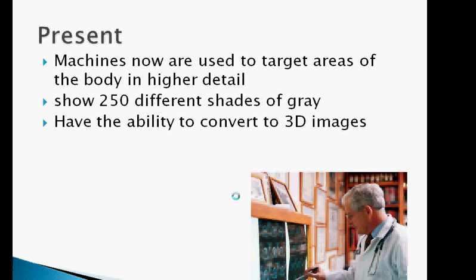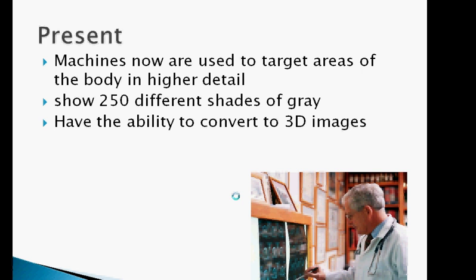And now, presently, the MRI machines are able to take detailed pictures of target areas of the body. They show 250 distinct shades of gray, so each reflects slight variations of tissue density and water content.